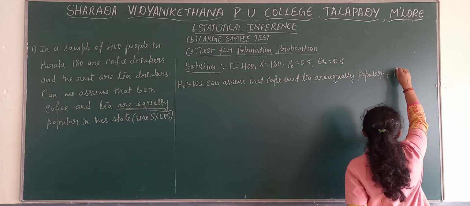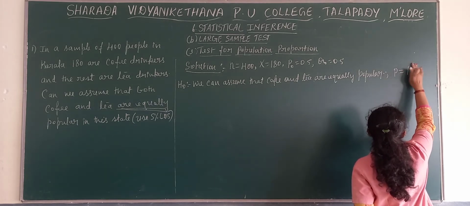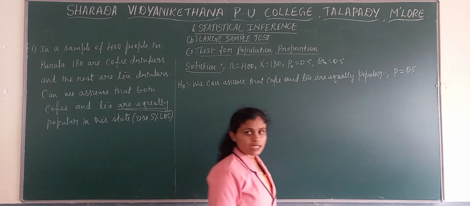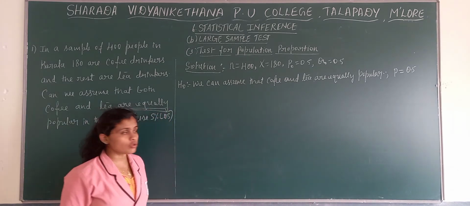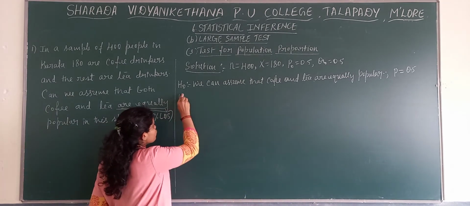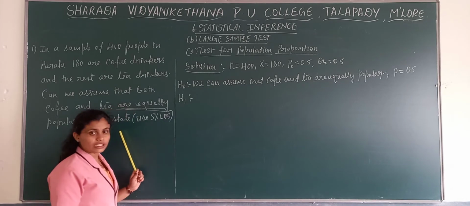That is where P is equal to 0.5, because equally popular means 0.5. We consider that P is equal to 0.5. Then next, the alternative: we know that it is a two-tailed test.